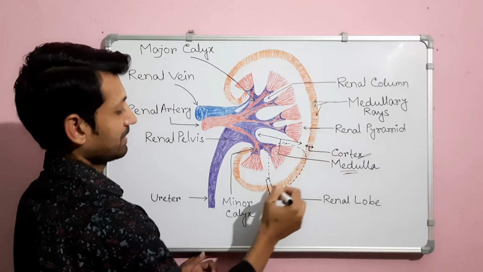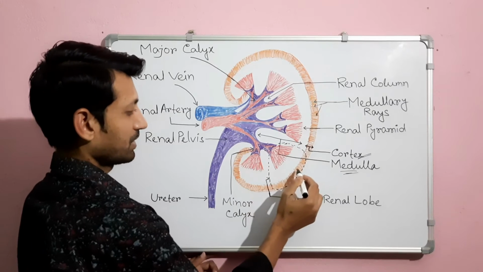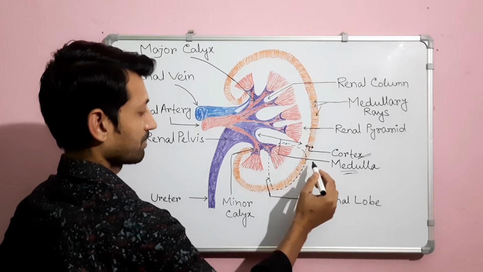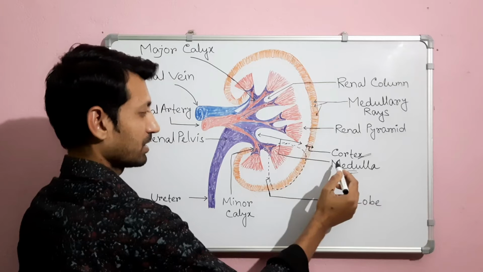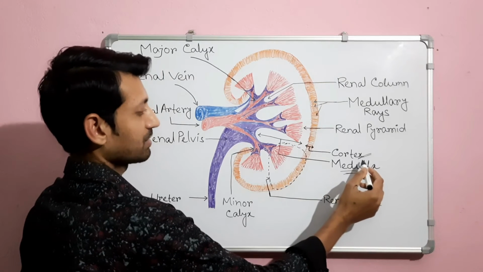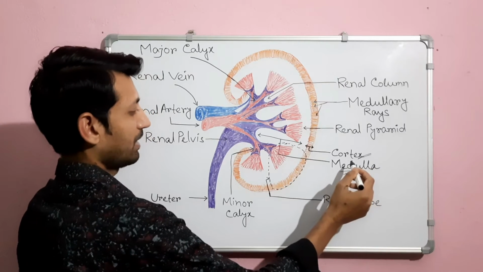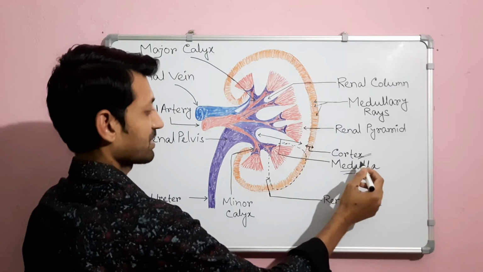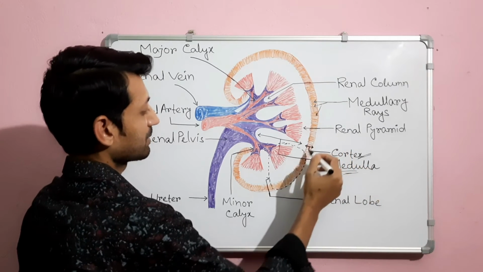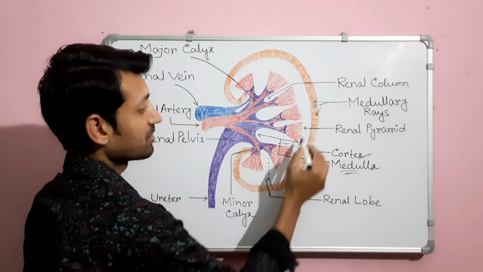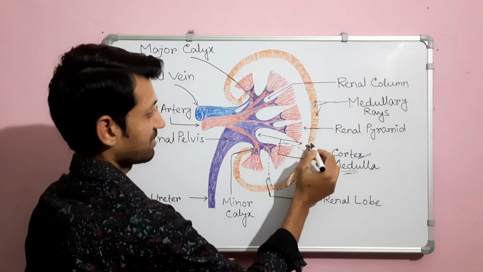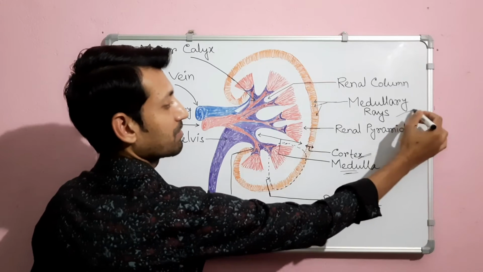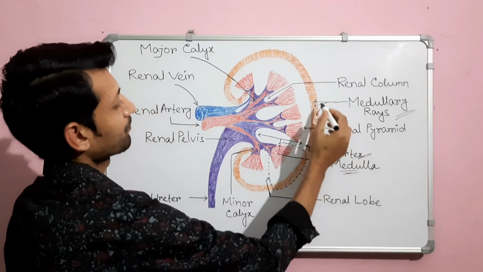The cortex consists of renal corpuscles along with the convoluted tubules and straight tubules of the nephron, connecting tubules, collecting ducts, and an extensive vascular supply. In this region, a series of vertical striations can be seen. These are called medullary rays.